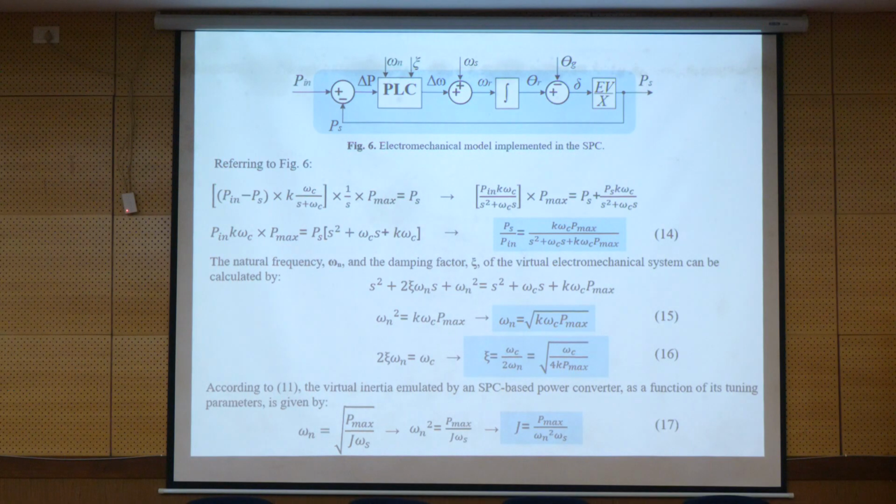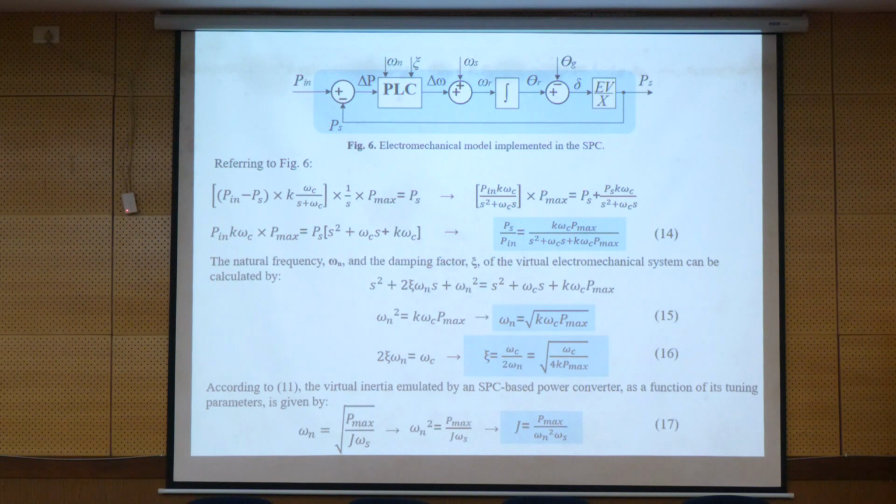Yes, yes. The limitation is coming from omega n. So for example, if you reduce the value of omega n, inertia goes up. Or if you increase omega n, it goes down.